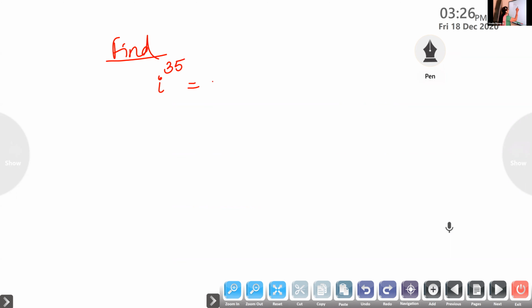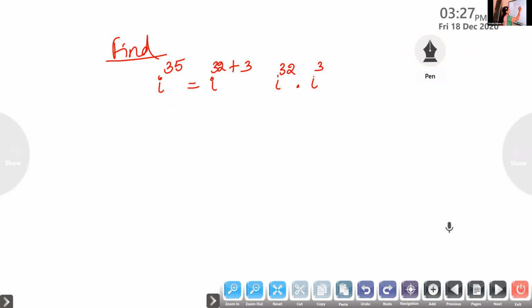We can write this as i raised to 32 plus 3, splitting it as multiples of 4. This we can write as i raised to 32 into i cube. Is it correct? a raised to m plus n is a raised to m into a raised to n.